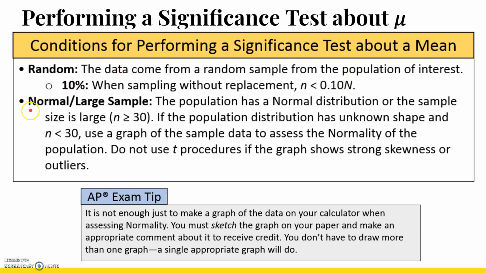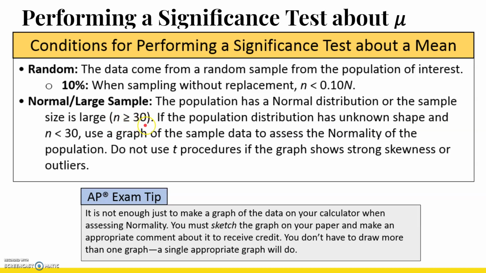And then finally, we have the normal and large sample condition, which states that when you sample, your population has to have a normal distribution, or it has to be large. By large, we have to have a sample size of greater than or equal to 30.